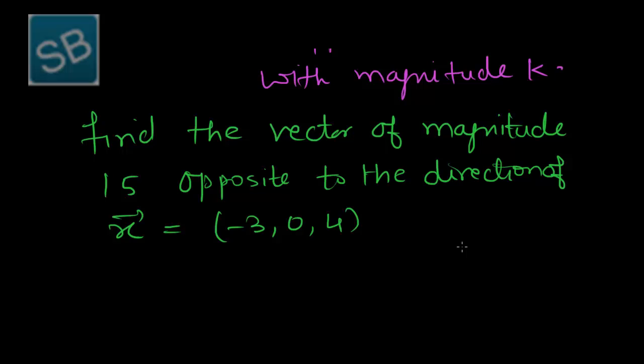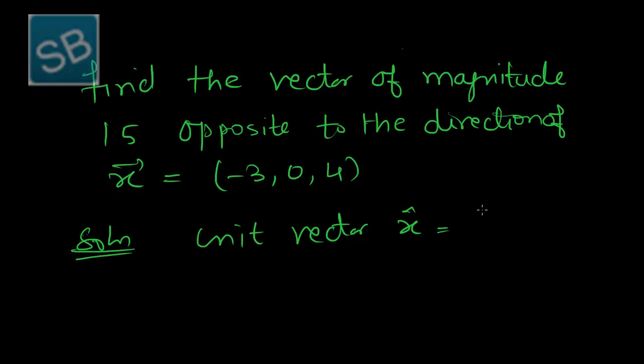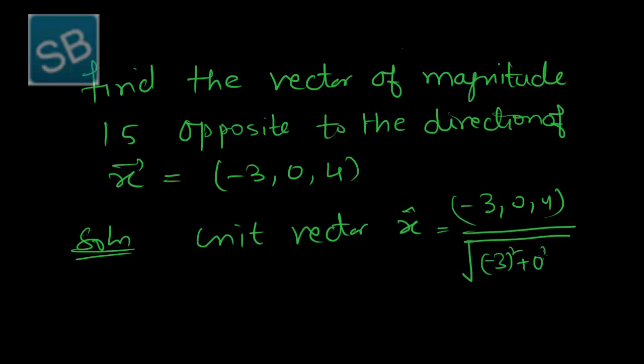So for this we have to find the unit vector in the direction of x, that is unit vector x, that is vector over its magnitude, that is under root minus 3 square plus 0 square plus 4 square.